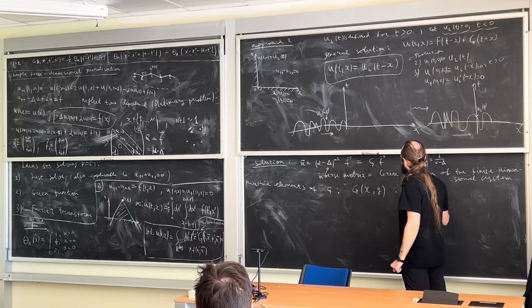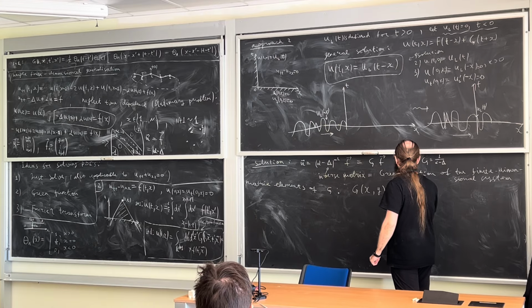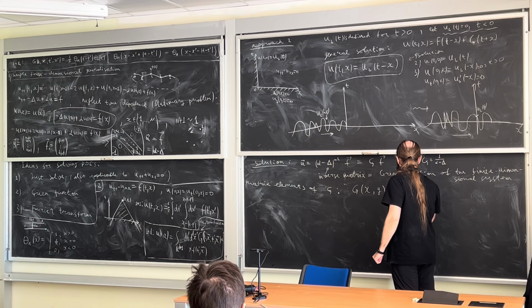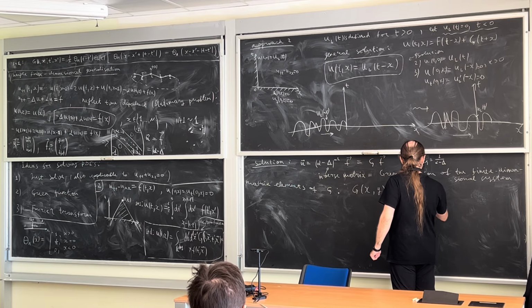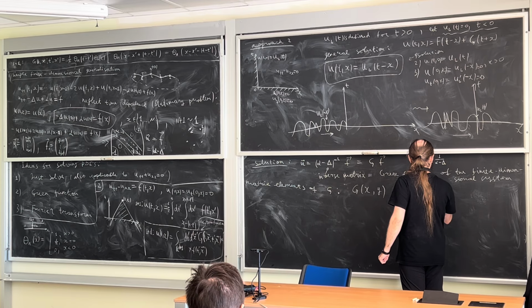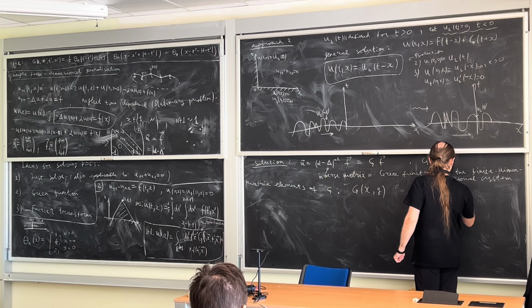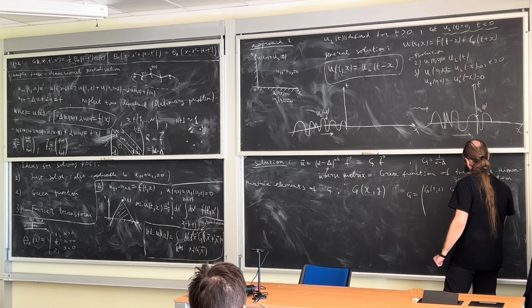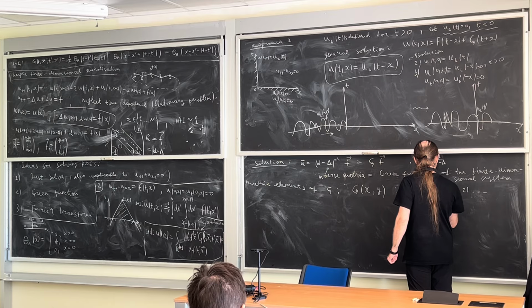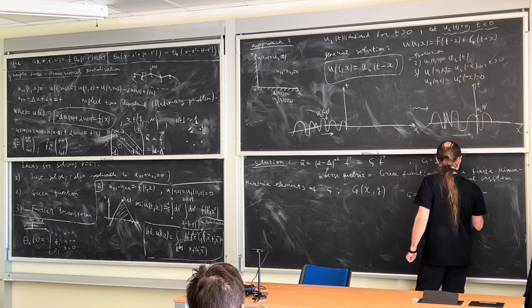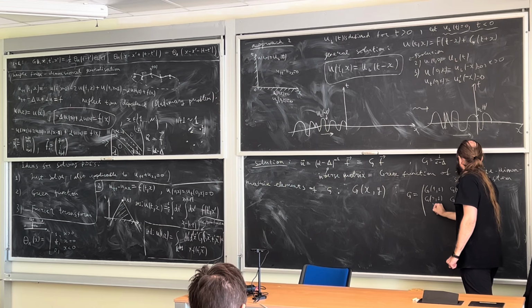In a sense, matrix G is written as G of 1, 1, G of 1, 2, G of 2, 1, G of 2, 2, and so on.